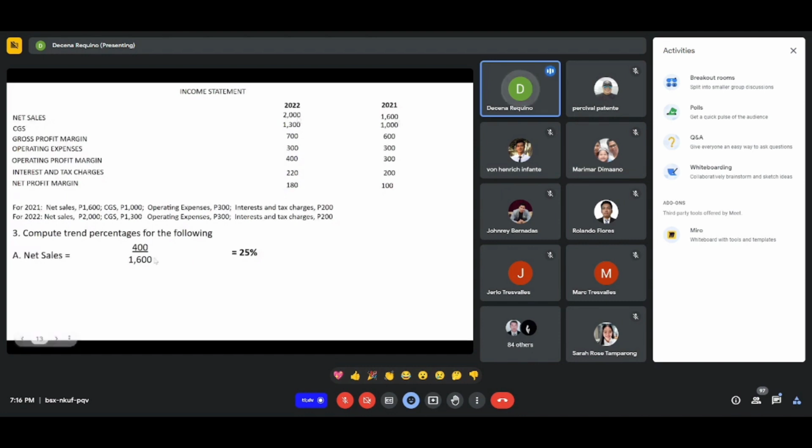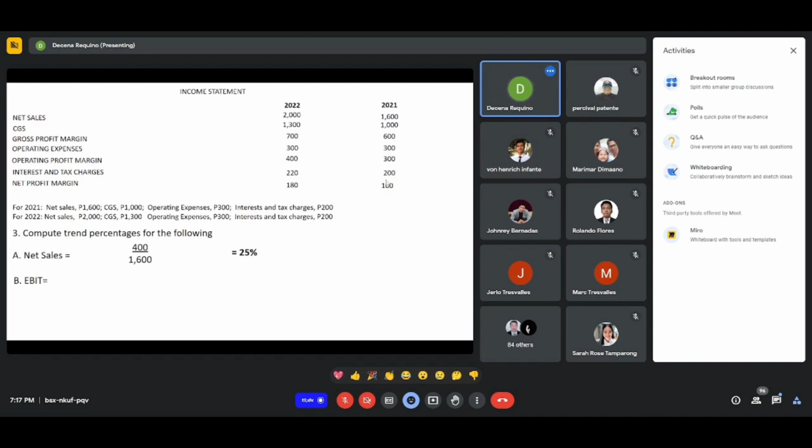Tapos yung magiging denominator mo is yung 1,600, yung net sales ng 2021. Diba? Yung most recent value less base period value. So 2,000 less 1,600, makukuha mo doon 400 divided by doon sa base period value, yun yung sa 2021.